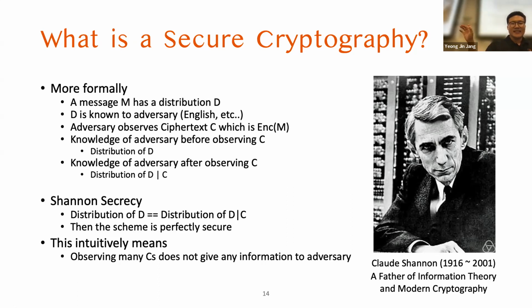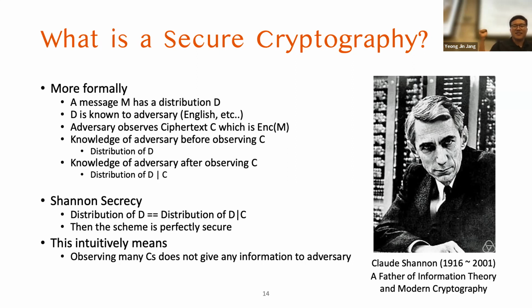And then how Shannon defines perfect secrecy is through the knowledge of the adversary. Before observing the ciphertext C, the adversary's knowledge is just knowing the distribution of English. And after observing the ciphertext C, this notation is the conditional probability, so after observing ciphertext C, you also know the distribution of English.